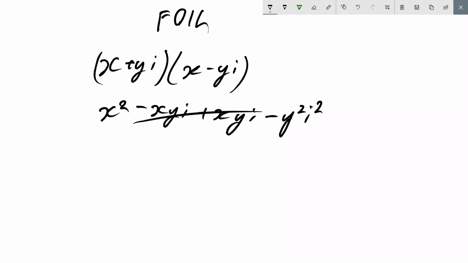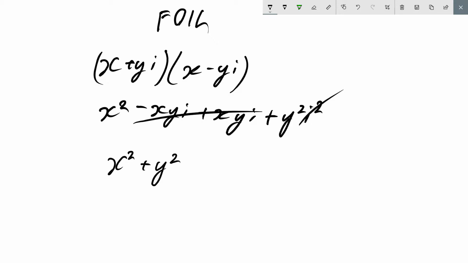These two cancel. This i squared becomes negative 1, so this becomes a positive. So we're left with x squared plus y squared. It's the same reason why we could simplify x squared plus 9 into x minus 3i times x plus 3i.